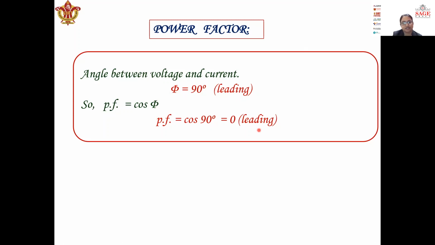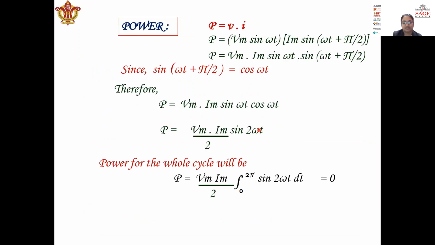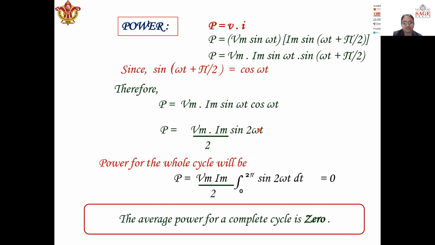So the power factor for inductor and capacitor both is 0. The only difference is that here current is leading, so the power factor is leading. In the case of the inductor, current is lagging, so the power factor is also lagging, right? So we have seen the power factor, we have seen the expression of power, and this is a very important point, that the average power over a complete cycle for an inductor and a capacitor is 0.